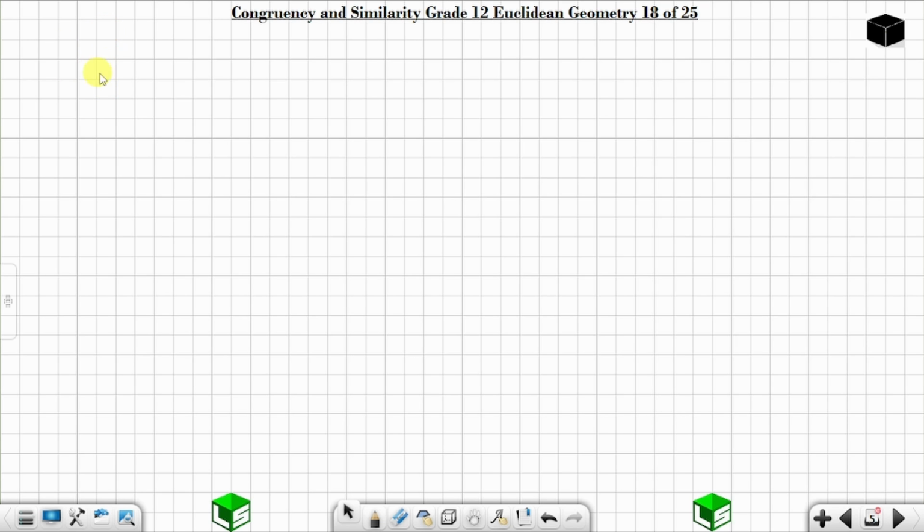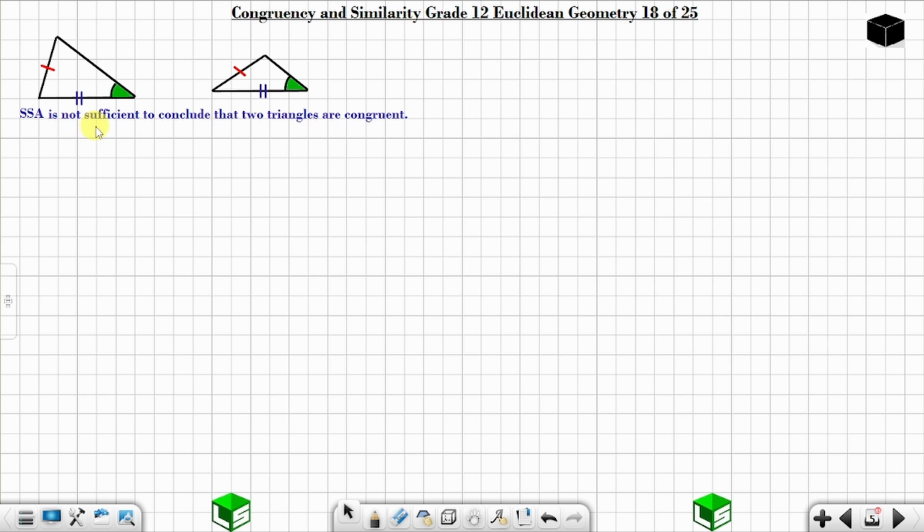Now, you can have a situation where there is no congruence of triangles. So, you have side-side angle. Side-side angle is not sufficient to conclude that two triangles are congruent because it may make two different triangles.